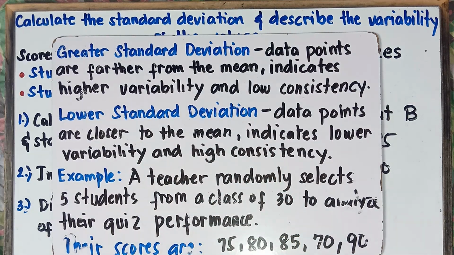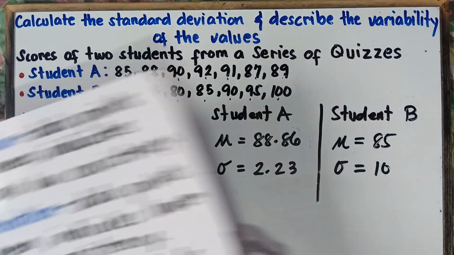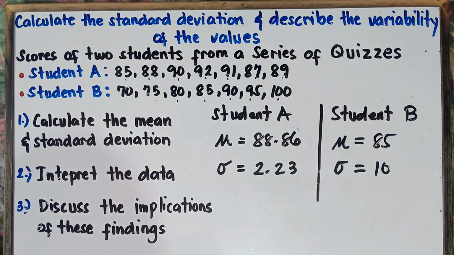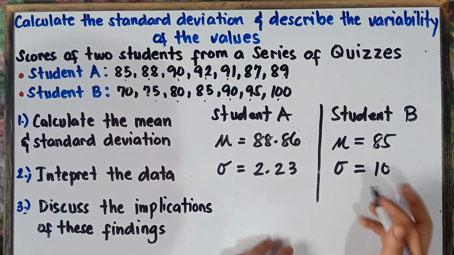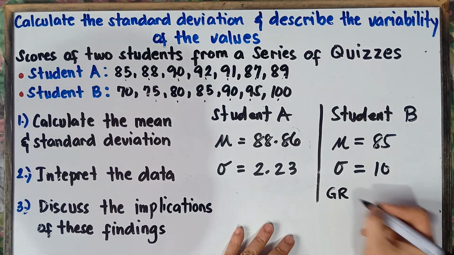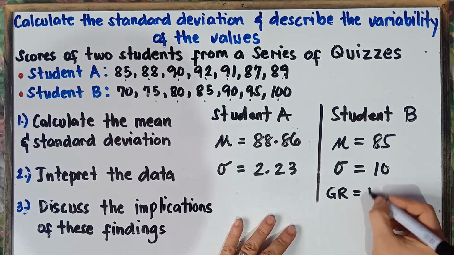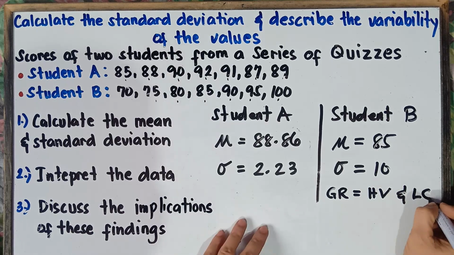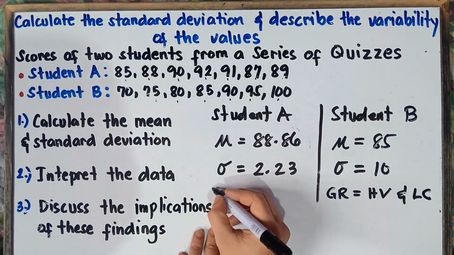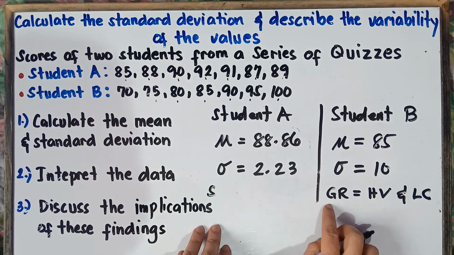Let me explain this one, class, step by step, for you to understand. If you have greater standard deviation, that would be equal to higher variability and low consistency in the data set.